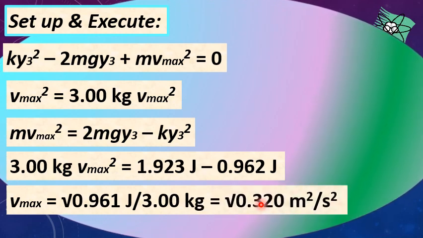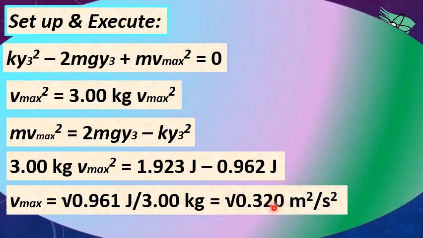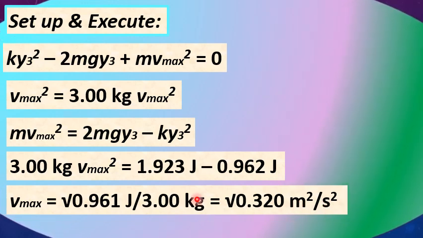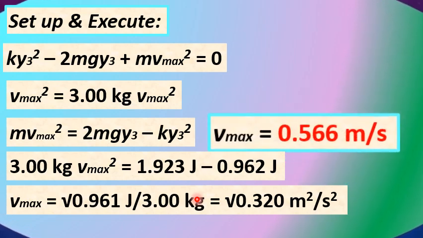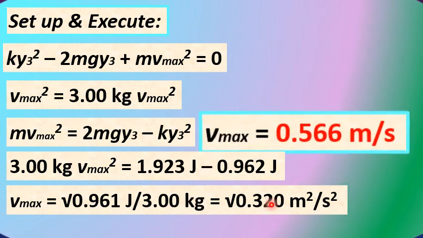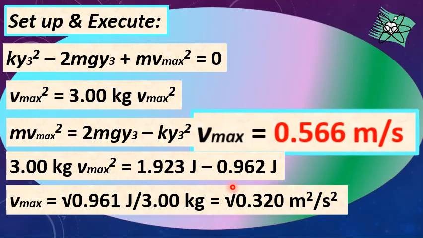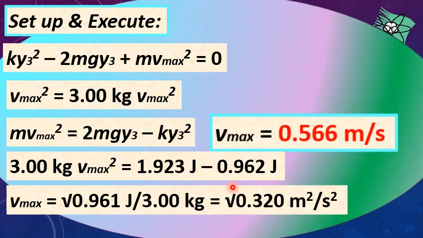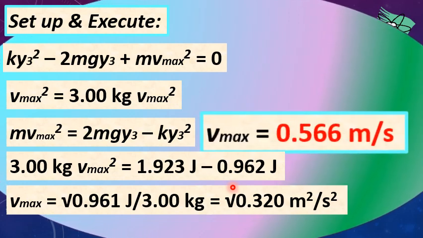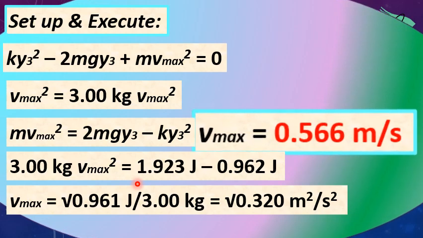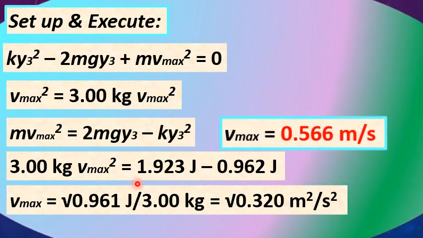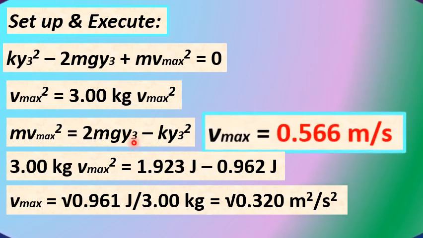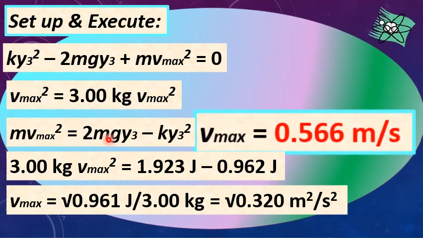That is equal to the square root of 0.320 meters squared per second squared. With the help of your calculator, we finally get the value for v max equal to 0.566 meters per second in three significant figures. So, this is the maximum speed of the fish as it descends to the position y sub 3.